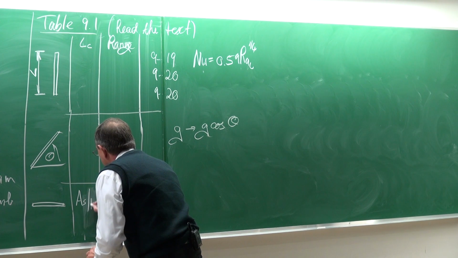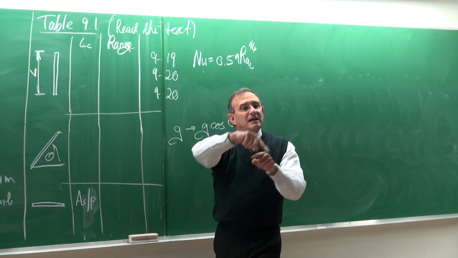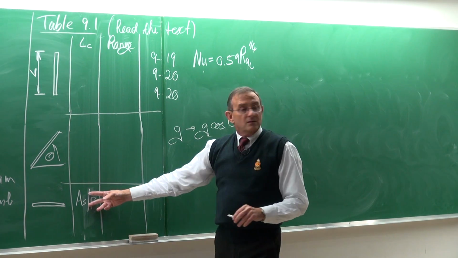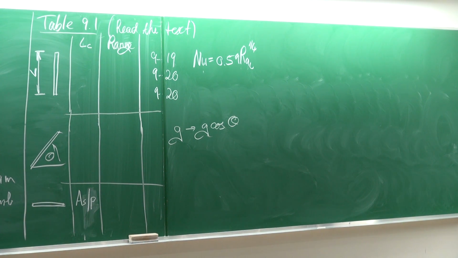A_s divided by P. So A_s is the surface of the plate and P is the perimeter. You see, they explicitly tell you how to do it. But that's not enough. You still need to go and read the text together with it.